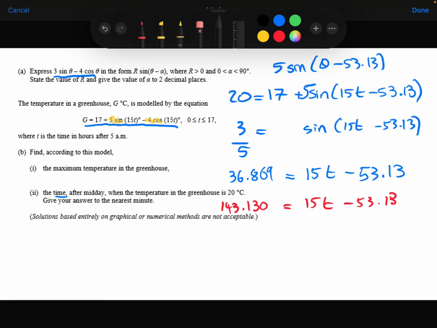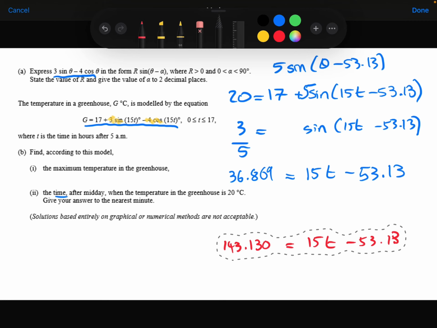Right, we're then going to add the 53.13 to both of these. And then divide by 15.